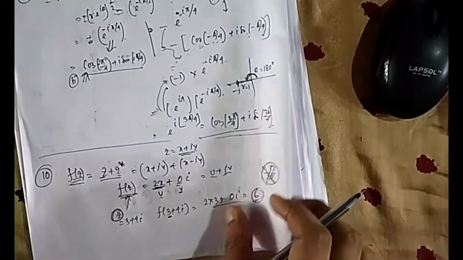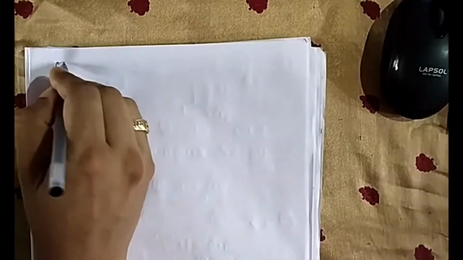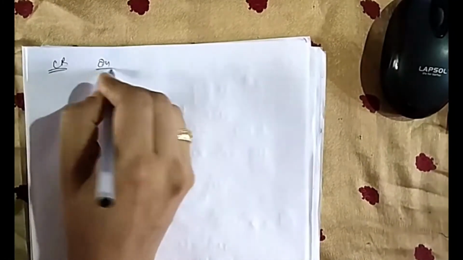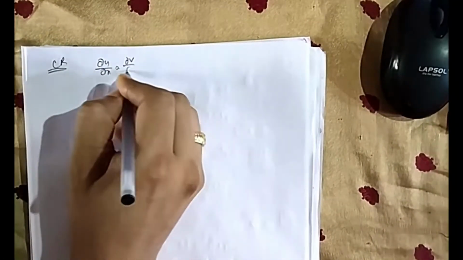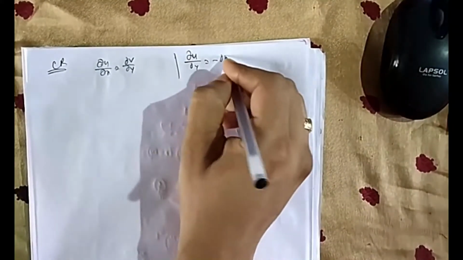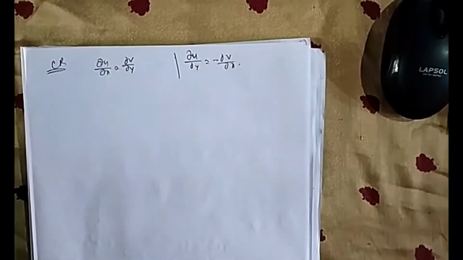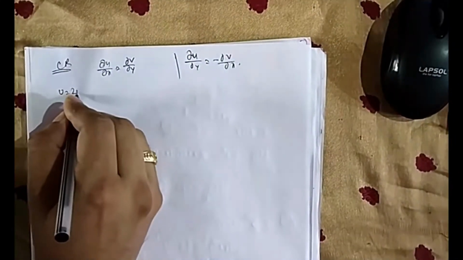Now for analytic, what is the CR equation? If you can remember your CR equation: del u/del x should be equal to del v/del y, and del u/del y should be equal to minus del v/del x. So u is equal to 2x and v is equal to 0.